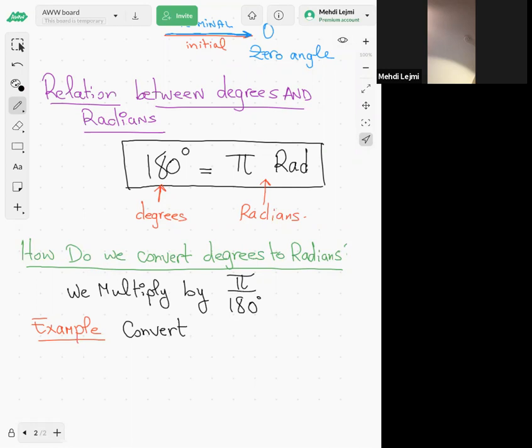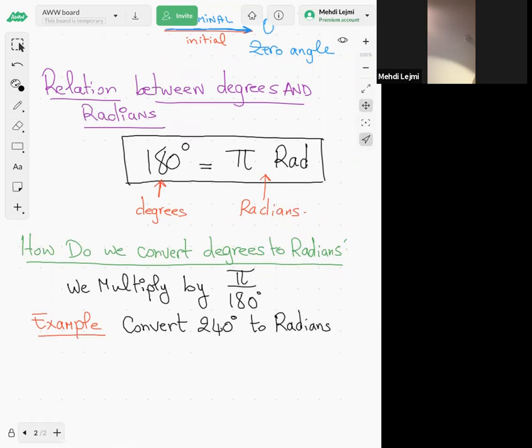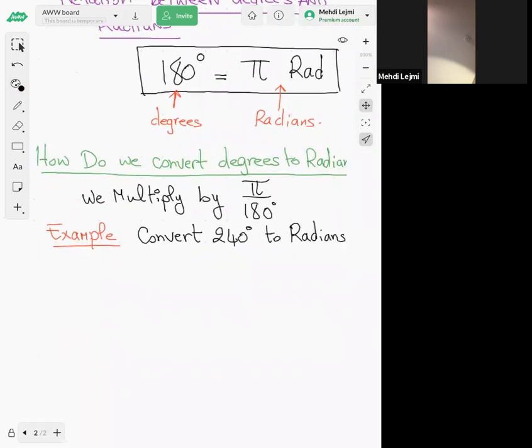Okay. So for example, let's say you have 240 degrees. You want to convert 240 degrees to radians. So you take your 240 degrees, and as I said, we have to multiply by pi over 180.